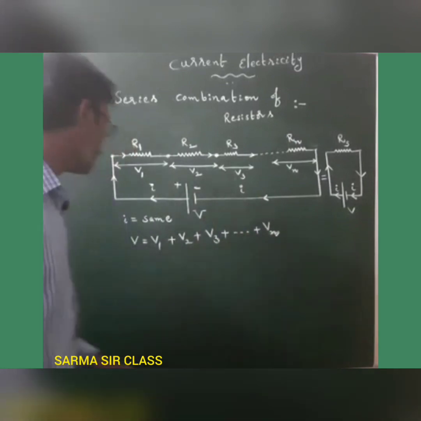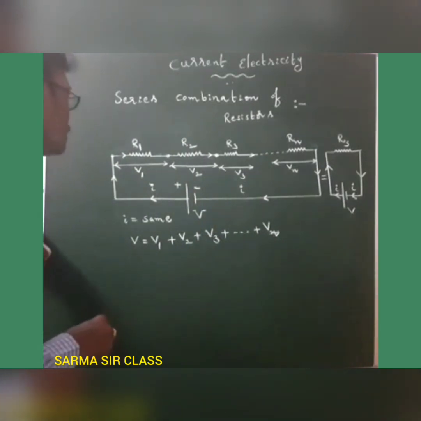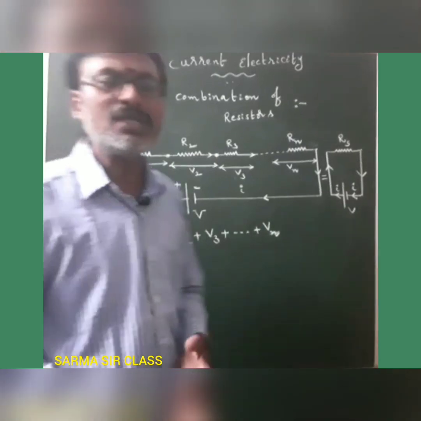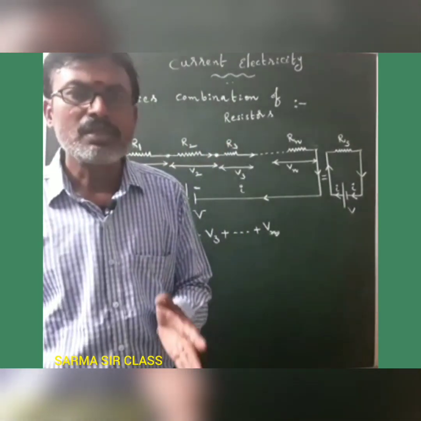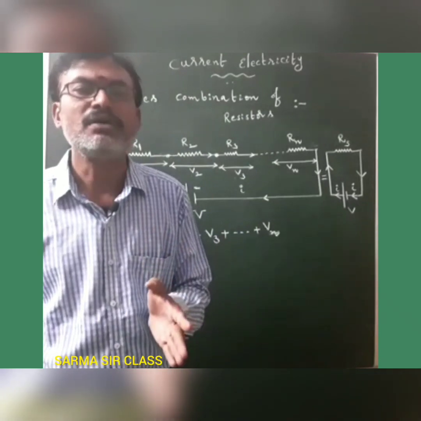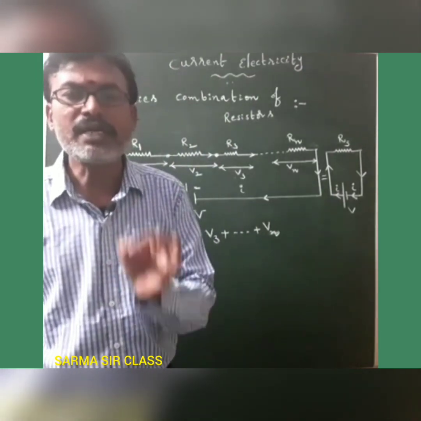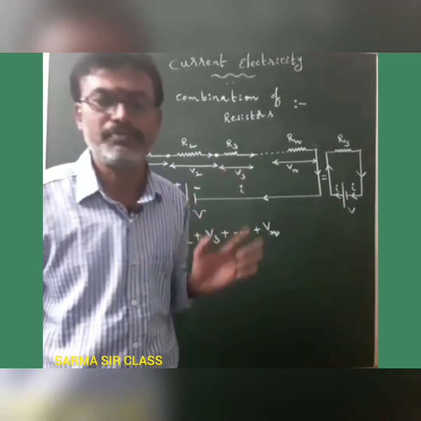Okay, and now listen. Here I am taking the concept according to Ohm's law. Already you know Ohm's law. What is Ohm's law? At constant temperature, the voltage or potential difference across the two terminals of a conductor is directly proportional to the current passing through the conductor.